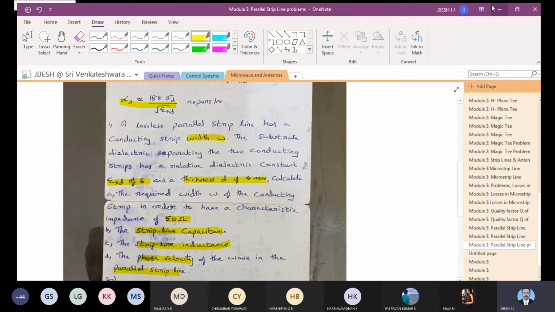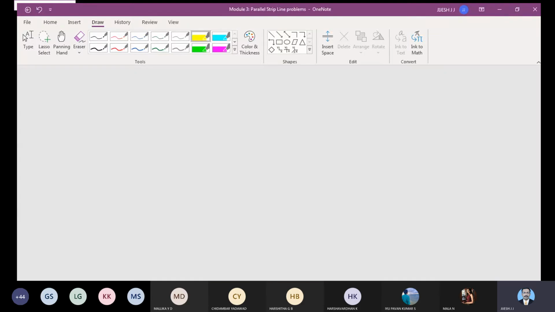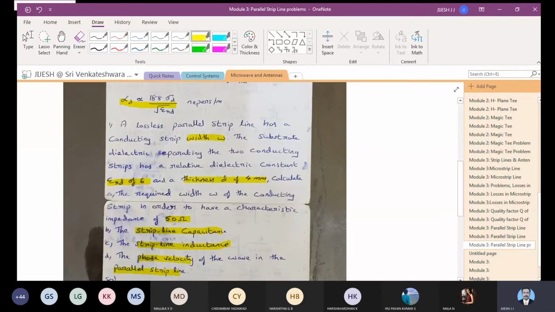So all of you note down that question and try to simplify it. We will do the simplification of that further. So try using the equations, and you can see how to find out the capacitance, inductance, as well as the width W. All those things you need to find.